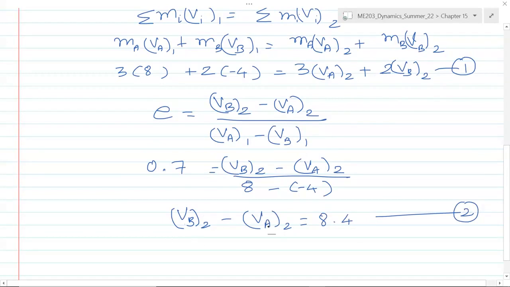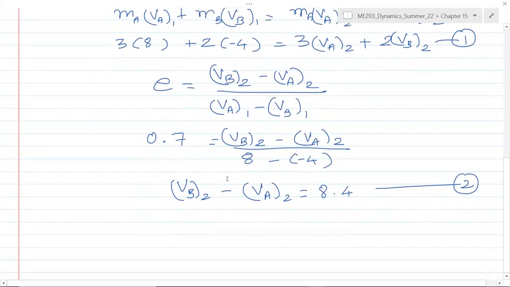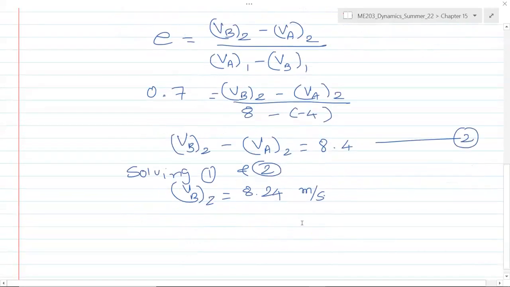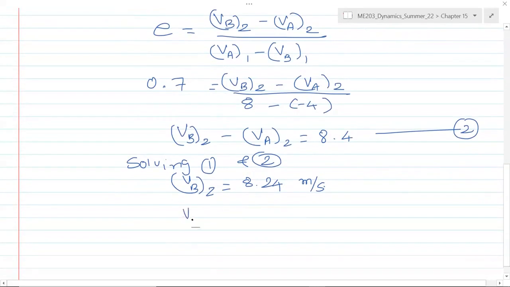So we can write VB2 in terms of VA2, substitute that here, solve for VA2, and then solve for VB2. Okay. So solving 1 and 2, we get VB2 equal to 8.24 meters per second, and VA2 we get as minus 0.16 meters per second.